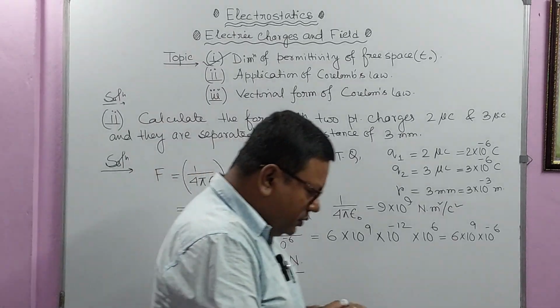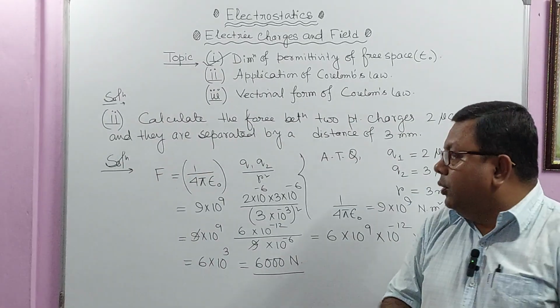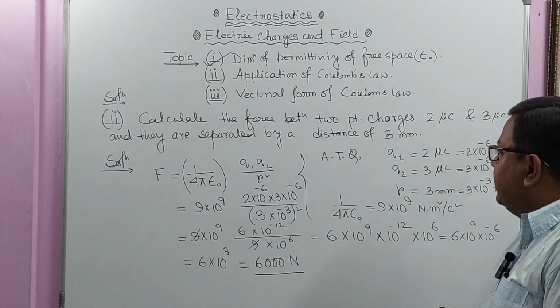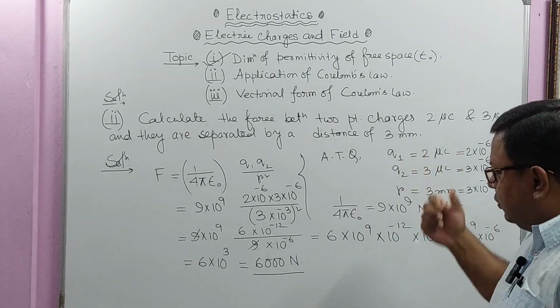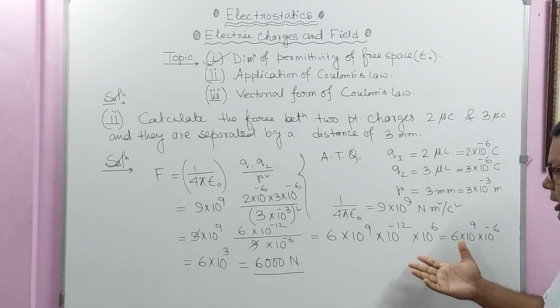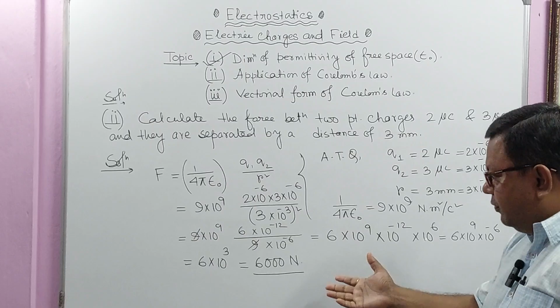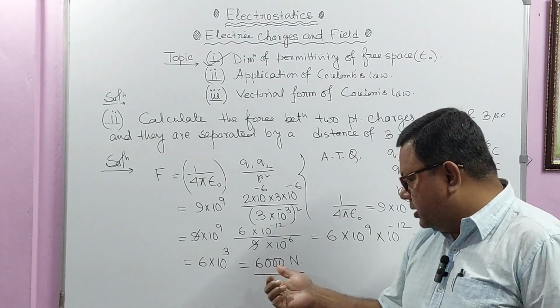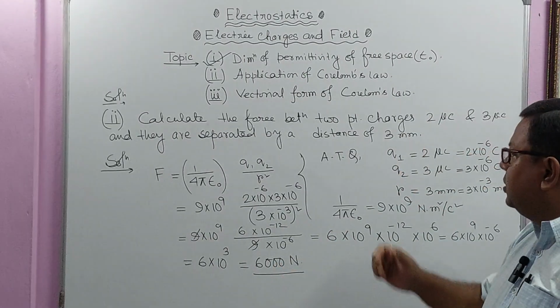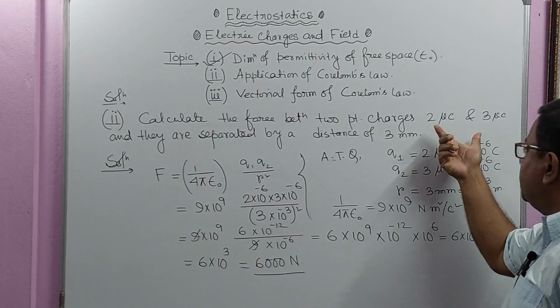It's not a small force. So without calculation it is very difficult to guess the amount of force. After calculation we get the result, and the force is a huge force, which is 6,000 Newton, acting between 2 point charges.